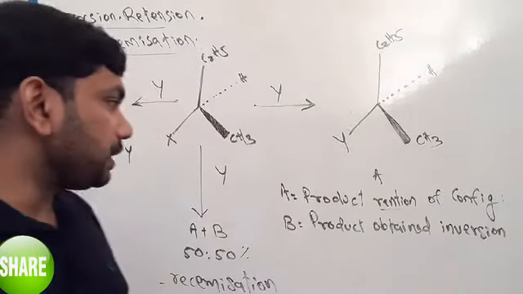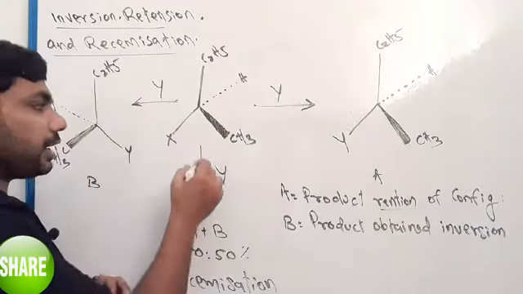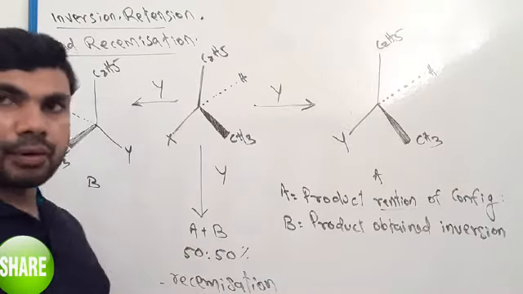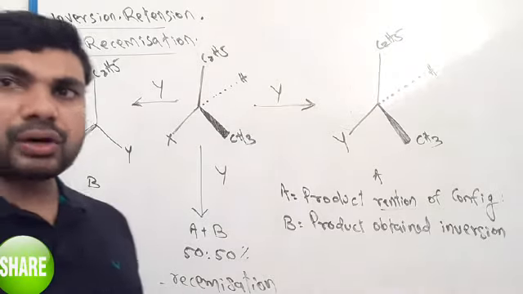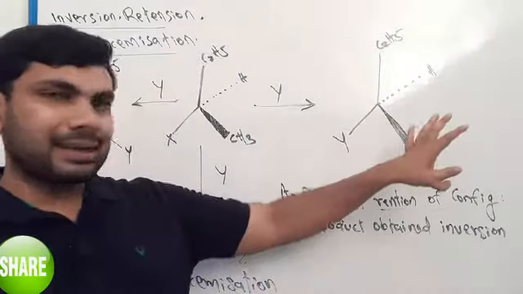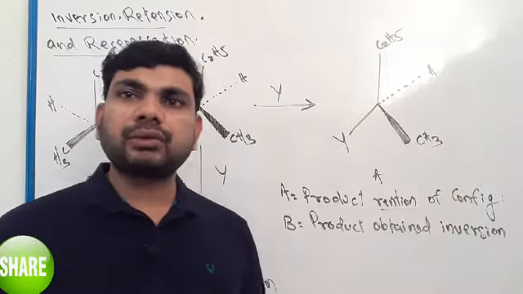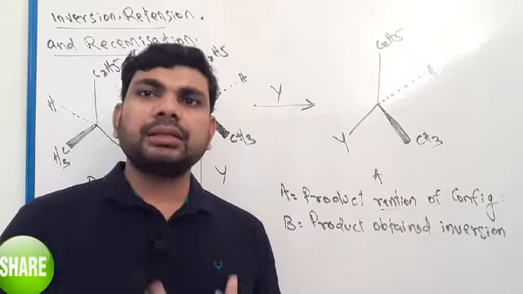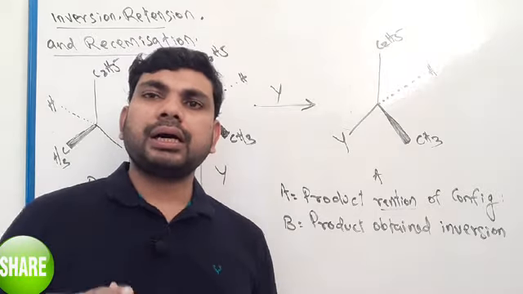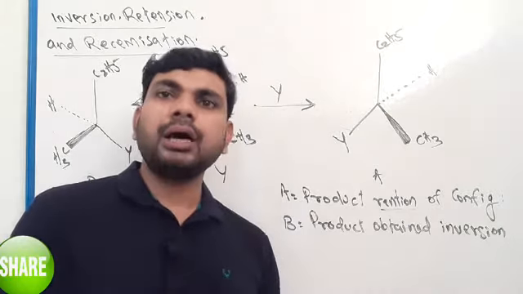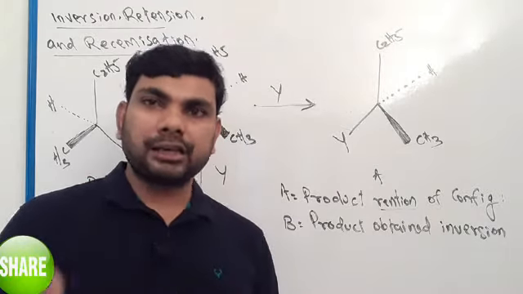Okay, third possibility, in this chemical reaction here, 50-50% is formed. 50% of the product is formed by retention, and 50% of the product is formed by inversion. So this is a mixture. This mixture contains two different types of product, the product formed by inversion and also the product formed by retention.